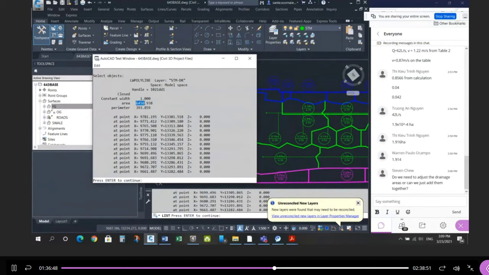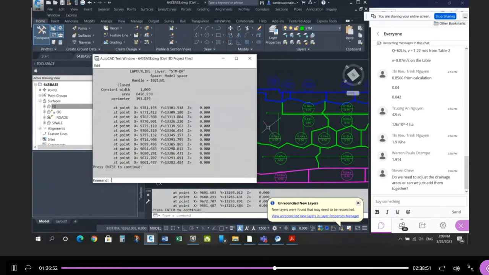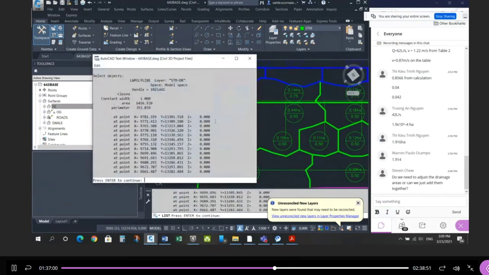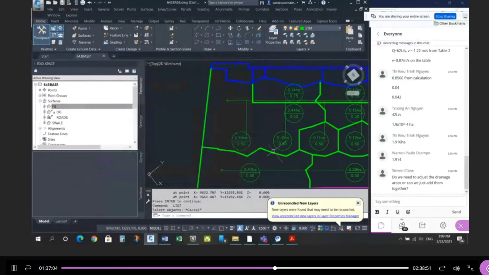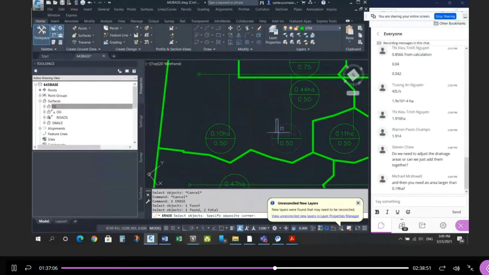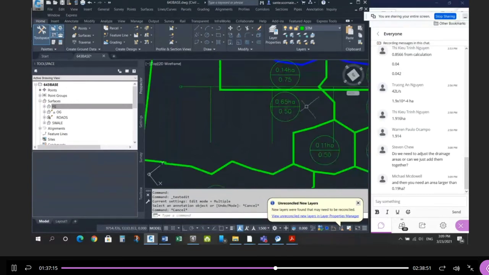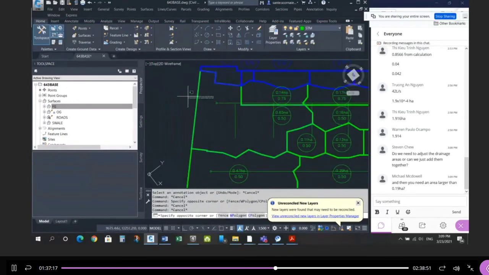If you divide by 10,000 and round it to 2 decimal places, it's 0.65. What does this add up to? 44 plus 10 is 0.64. If you actually draw it, you'll find it's 0.65. It rounds up to 0.65. All right, so then I would get rid of this, get rid of this, and change this to 0.65. And now these are the numbers I'm going to type into my spreadsheet for this area that's tributary to this pipe.